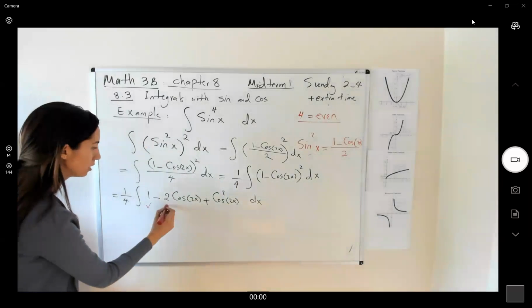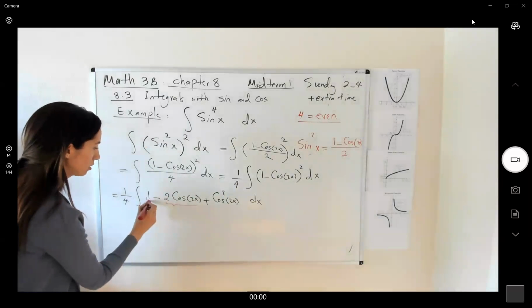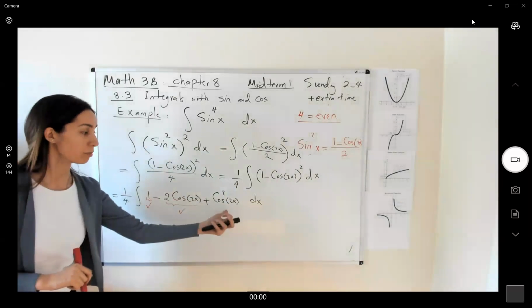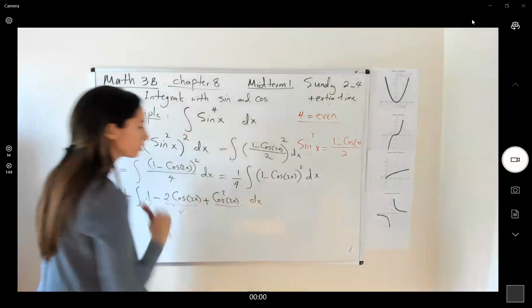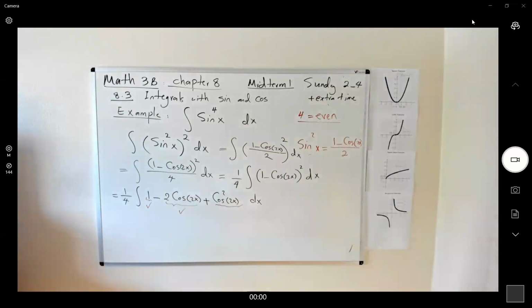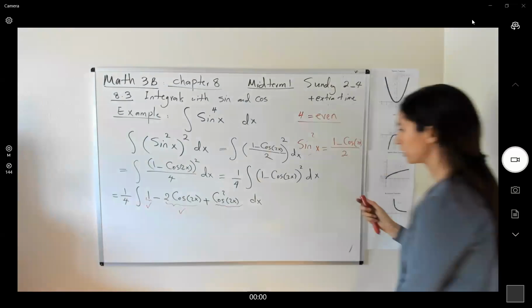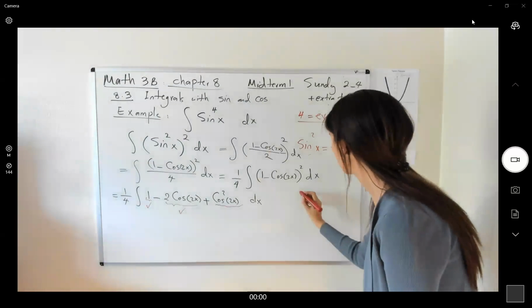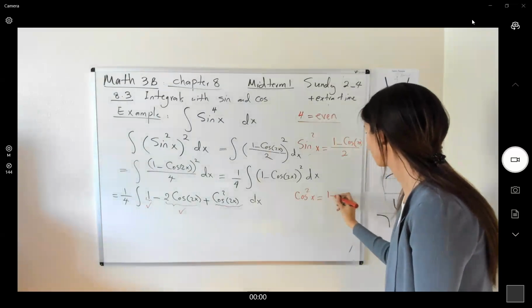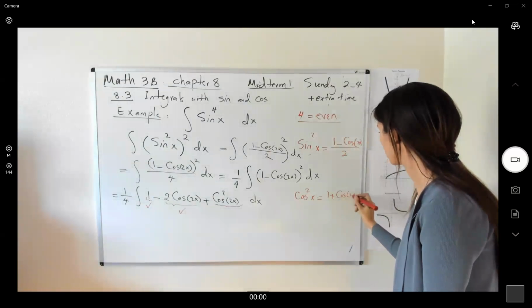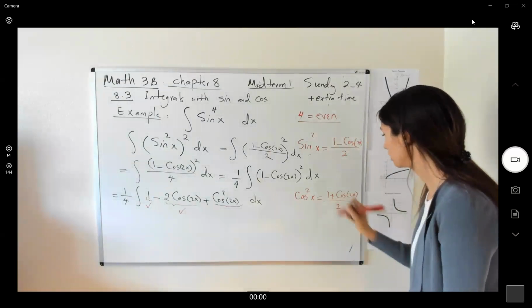I'm good with 1. I'm good with 2 cosine 2x, but my cosine here has exponent 2. Somehow I have to reduce this cosine squared. Again, if we get back to pre-calc, cosine squared of x is equal to 1 plus cosine 2x divided by 2.